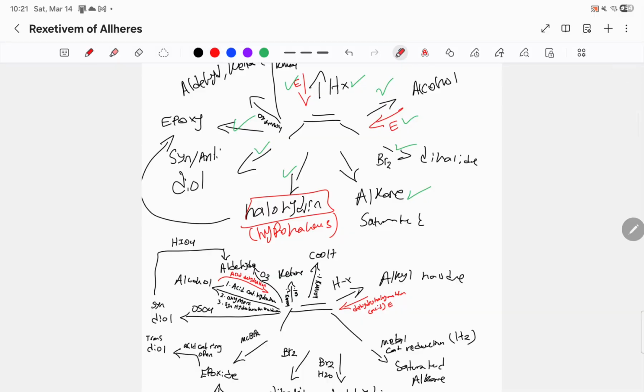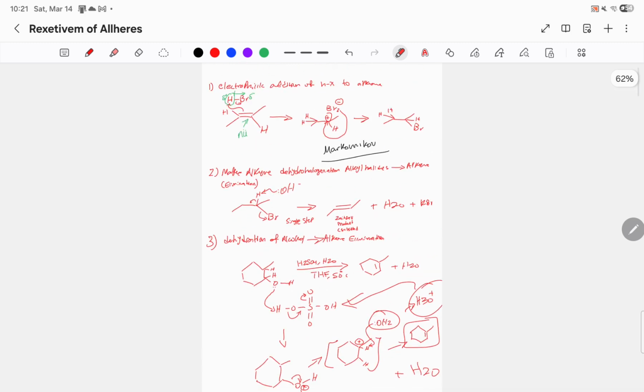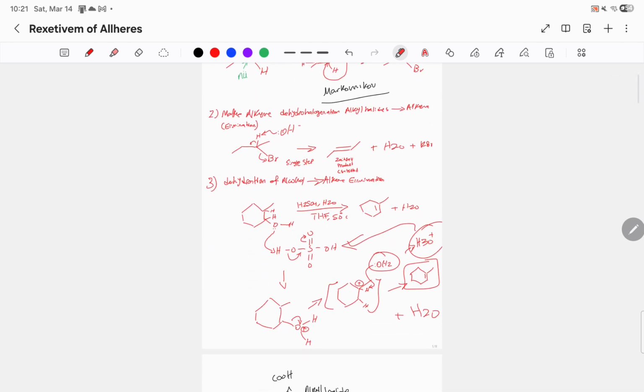It's really important, and this is a point that I should have brought up earlier: when we're talking about dehydration of an alcohol and we start talking about H2SO4 and water, it's important to understand that it is really not concentrated sulfuric acid. Concentrated sulfuric acid is required for acid catalyzed hydration of an alkene.